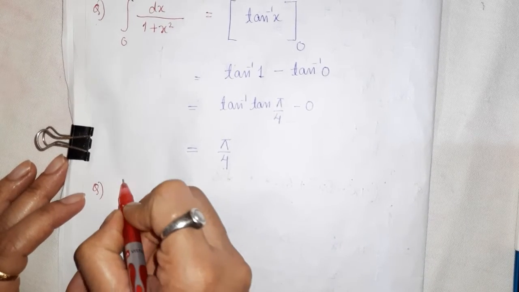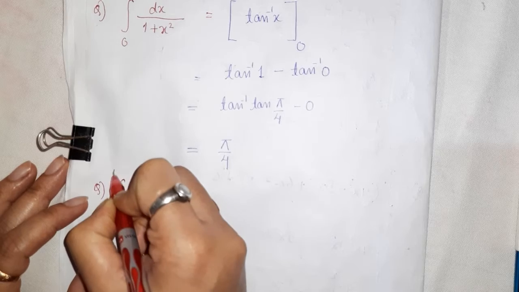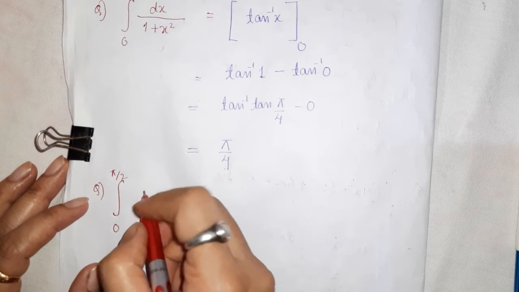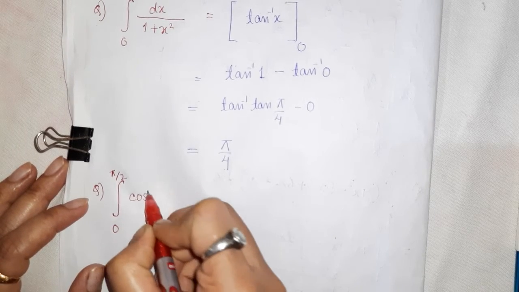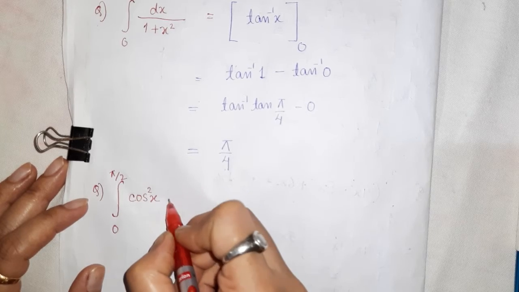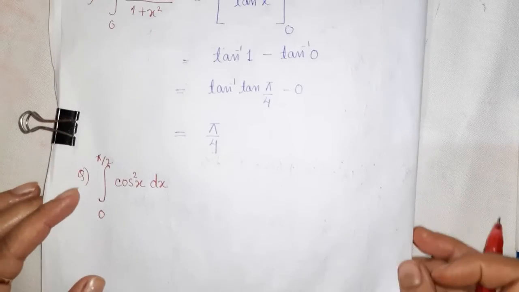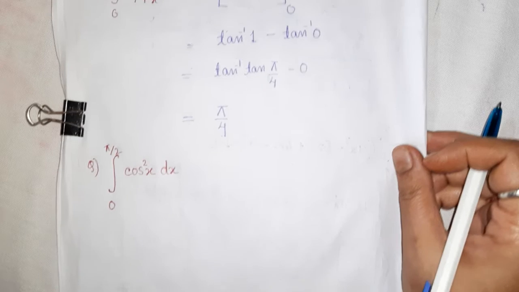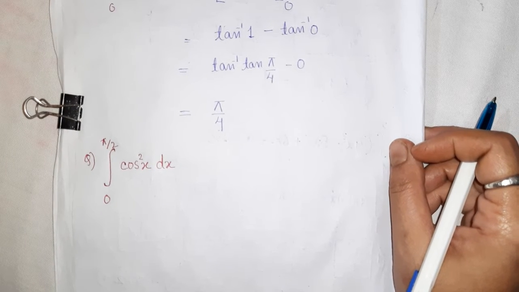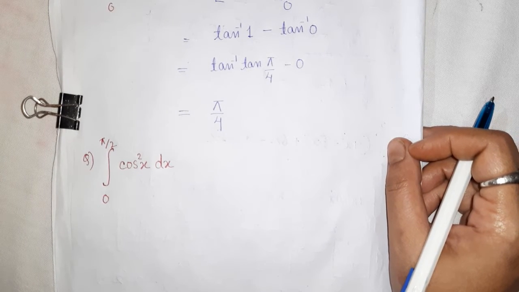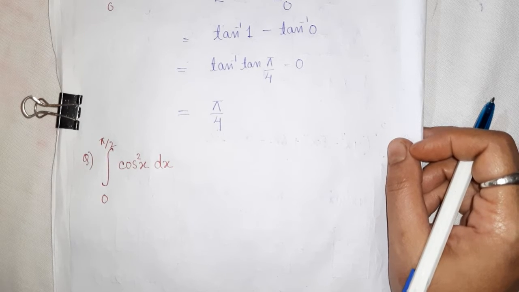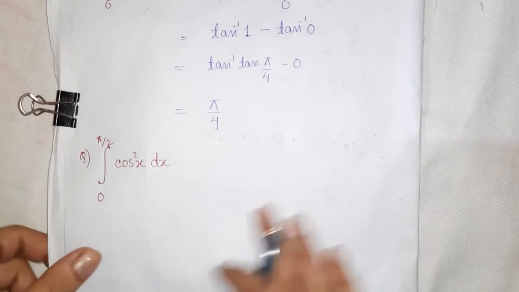Next, integration from 0 to pi by 2 cos square x dx. Now we do not have a direct integration for cos square x, so we will change and simplify it so that we can integrate it easily.